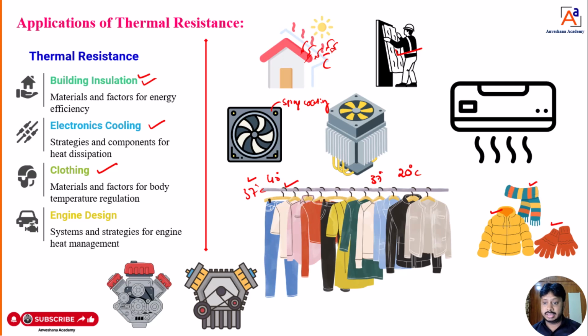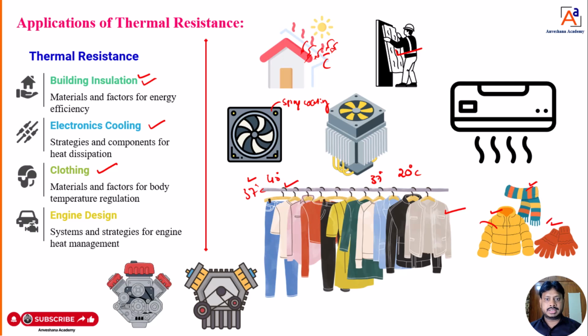That means these hand gloves or jacket or scarf act as thermal resistors. Thermal resistors mean they will prevent the transfer of heat from your body to the surrounding. Hence clothing plays a very important role in our day-to-day life, dear students. In summer, we wear a thin shirt to transfer heat from our body to the surrounding.